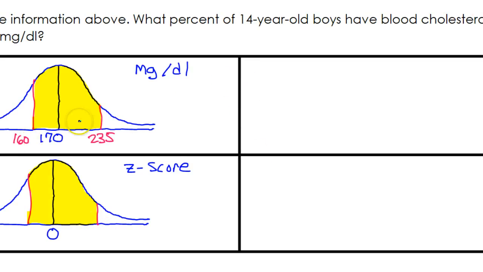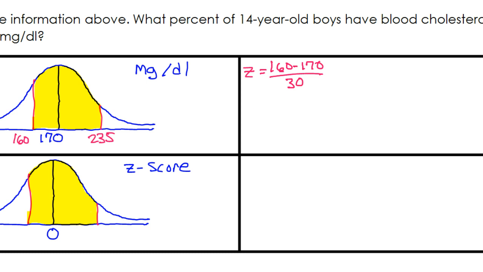Let's start with the 160. So that z-score is going to be the 160 minus the mean divided by the standard deviation.